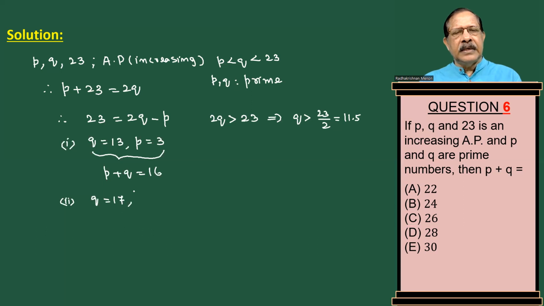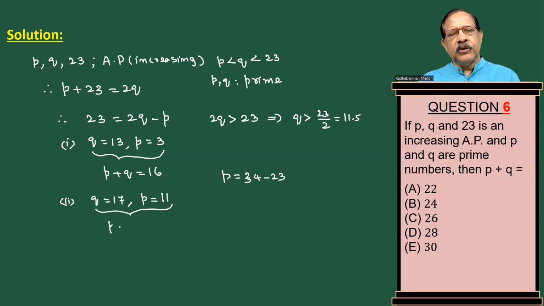If q is 17, then 17 into 2 is 34. 34 minus p must be 23, so p must be 11. Yes, correct.